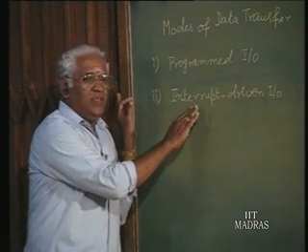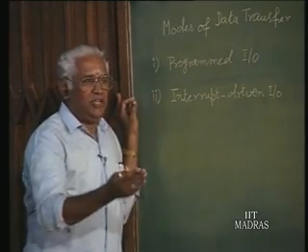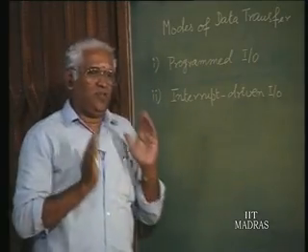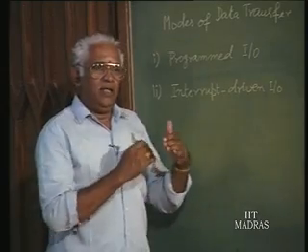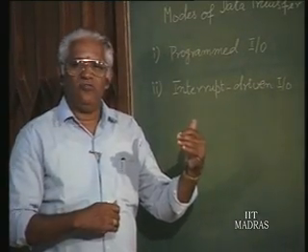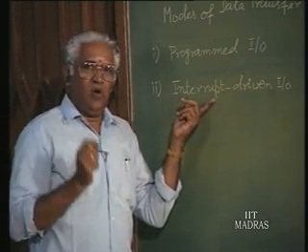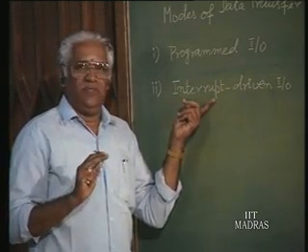Essentially, it is something like switching from a main program or a main routine to a subroutine. A CPU executes a main program and then there is a call to a subroutine. So, it jumps to the subroutine. Similarly, in this case also, the CPU is involved in some processing.